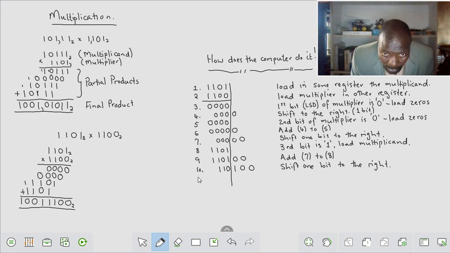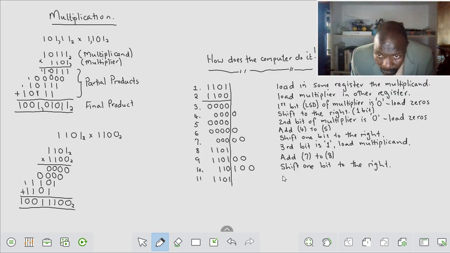Now step 11, you check the next. After shifting, we look at the next bit of the multiplier. It's a 1. We load 1, 1, 0, 1.